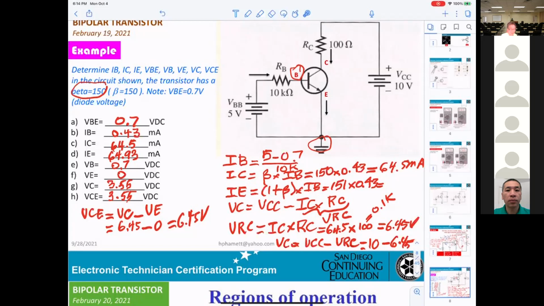I have a question. Yeah, go ahead. Beta, how big can beta be? 100, 1,000? He's asking how big can beta be? Okay, thank you. I already told you, beta equals 50 up to 300. That's from the manufacturer, given to you. It depends on the manufacturer.